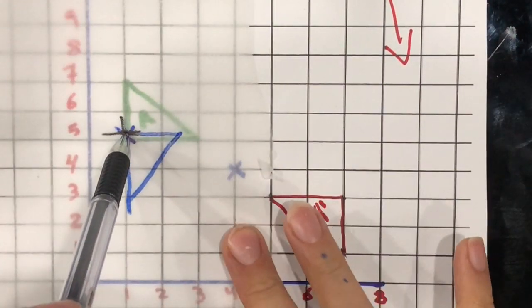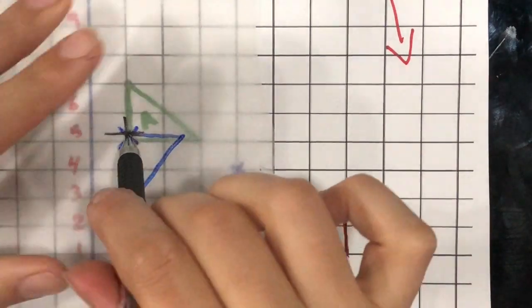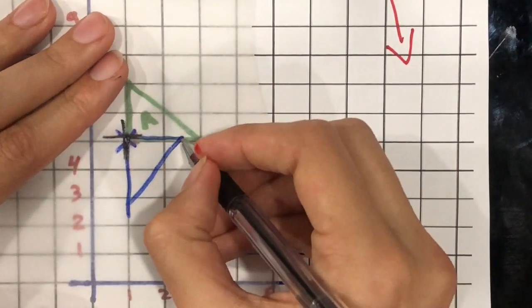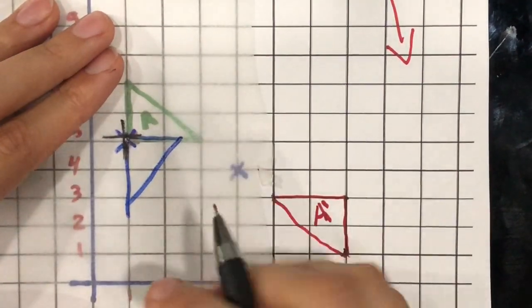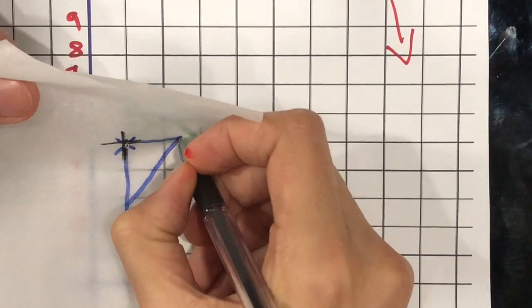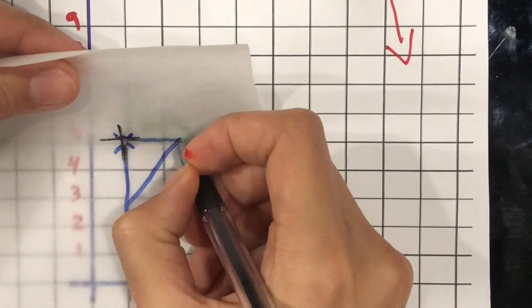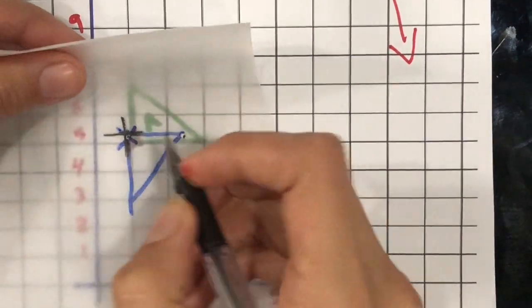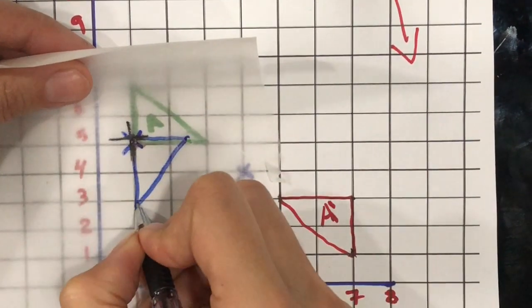Again, this is only 90 degrees. Now, all I have to do is assign my new triangle. It's here and here and here.